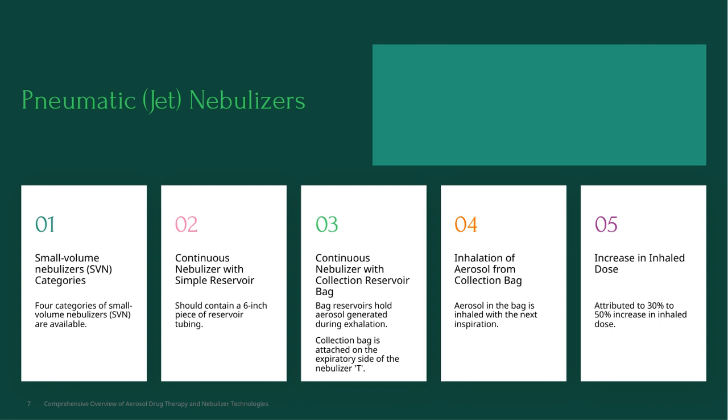This process can lead to an increase in the inhaled dose, generally, a rise of about 30 to 50%. Understanding these different categories helps us optimize drug delivery, ensuring patients receive the most effective treatment possible. This overview connects to the broader theme of improving aerosol therapy efficiency and patient outcomes.